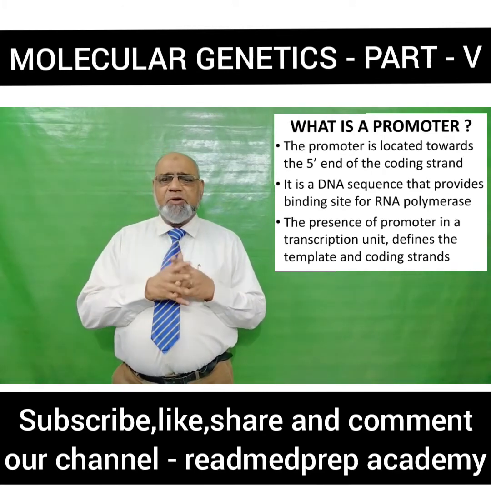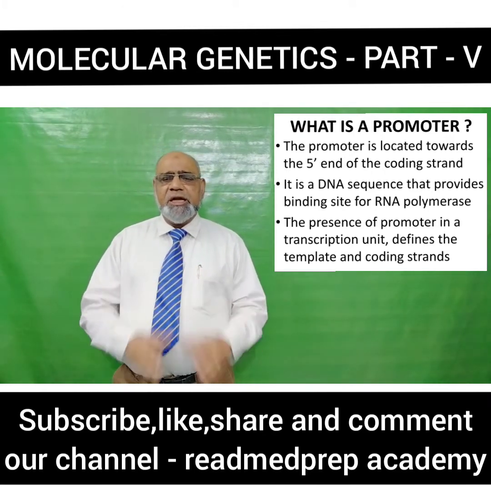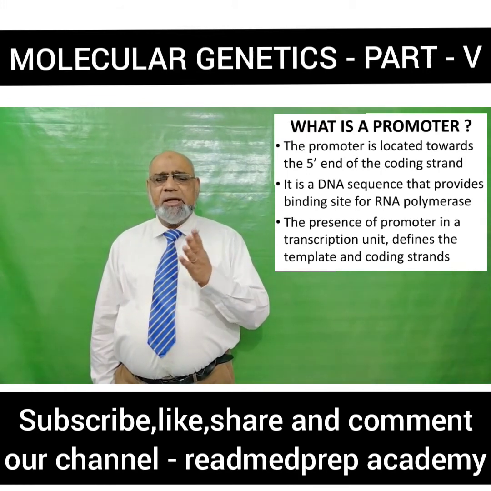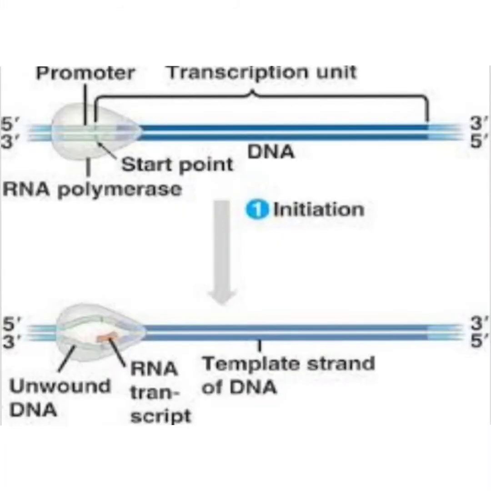The presence of a promoter in a transcription unit defines whether the strand is a template strand or the coding strand. The RNA polymerase binds to the promoter at the 5' end of the strand, and the strand unwinds, and the transcription of RNA occurs on the template strand.